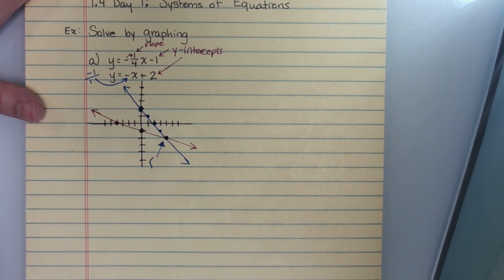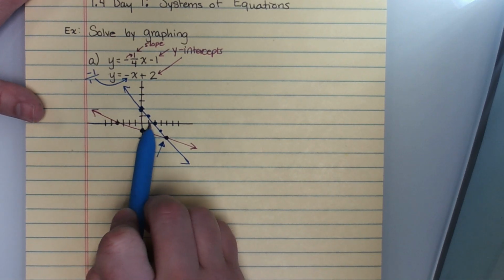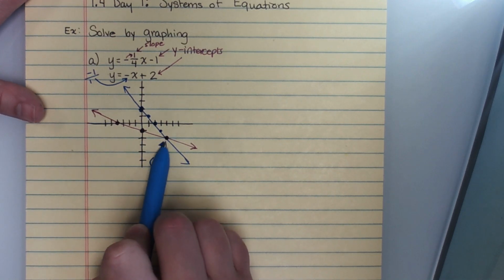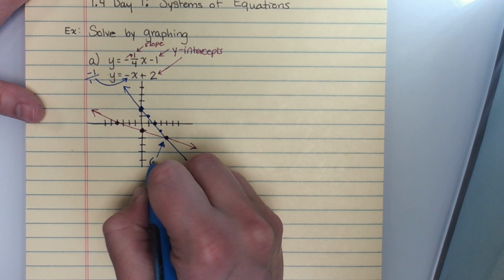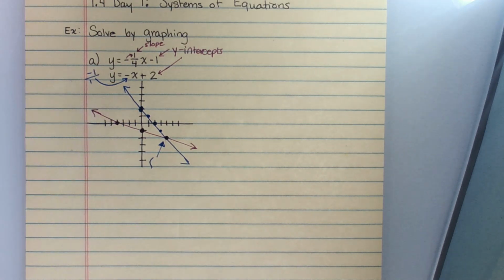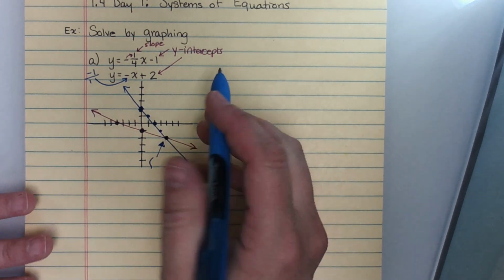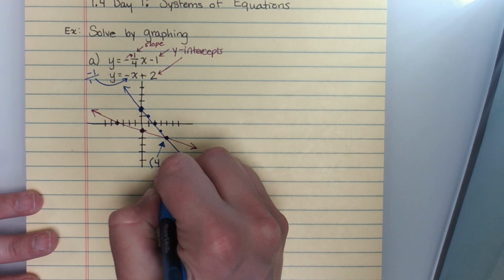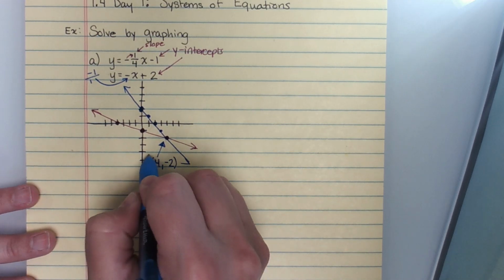It's to the right 4, and it's down 2 from 0, 0. Remember, coordinate points, left and right first, up and down second. 4, negative 2. That is my solution.